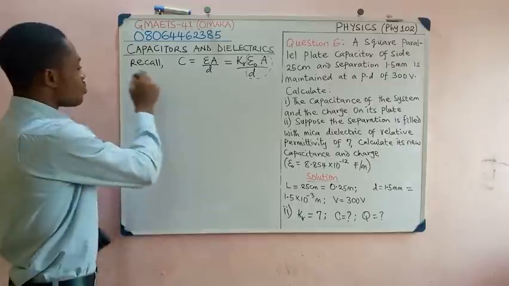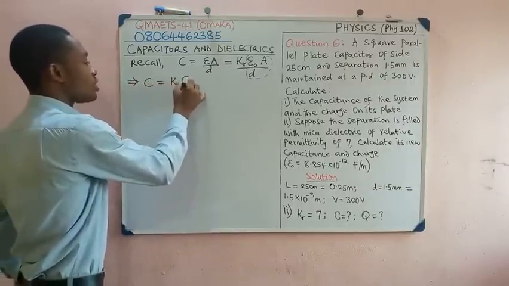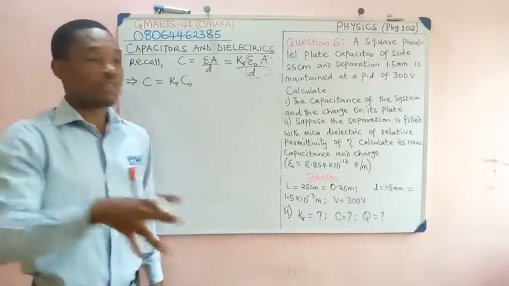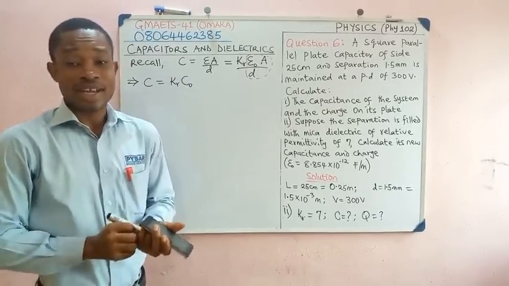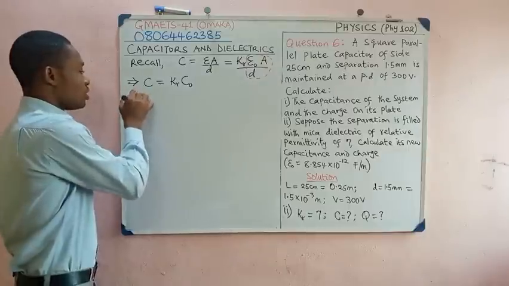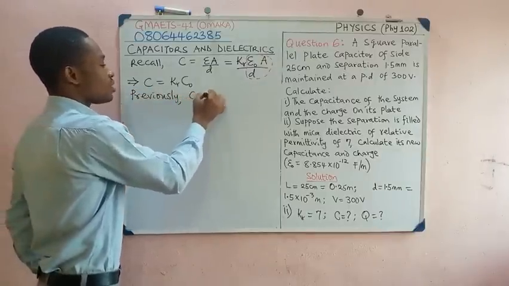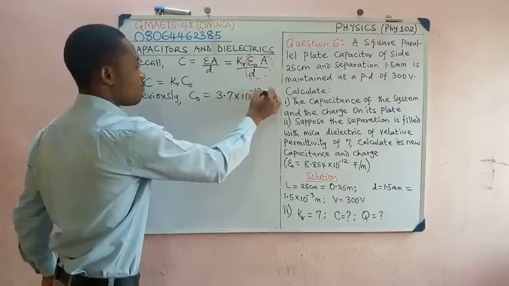So we can rewrite this capacitance as Kr times C naught, where C naught represents the capacitance of the capacitor with vacuum as the dielectric. Like I stated previously, C naught is equal to 3.7 times 10 raised to the power minus 10 farad.